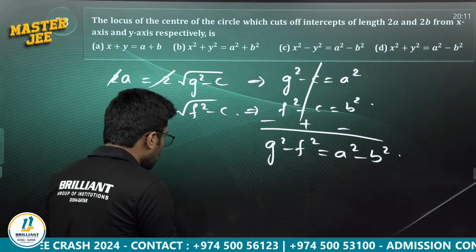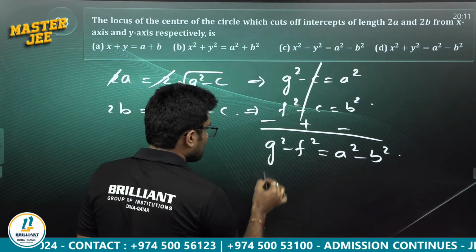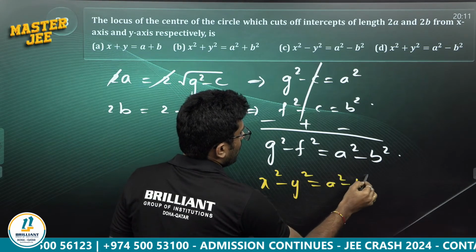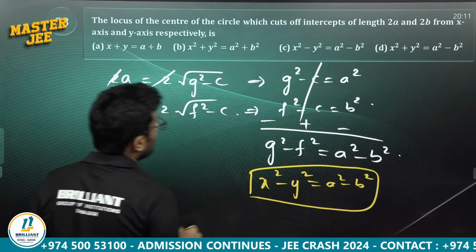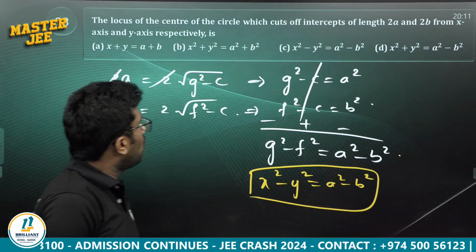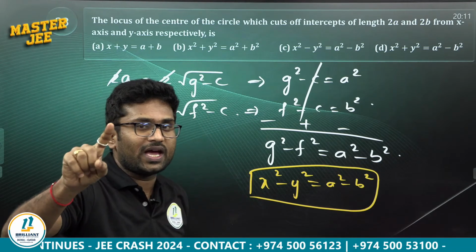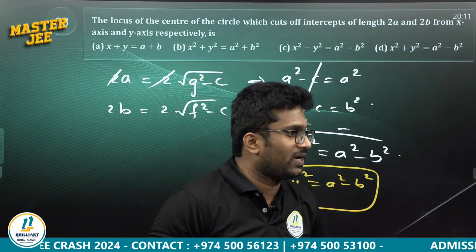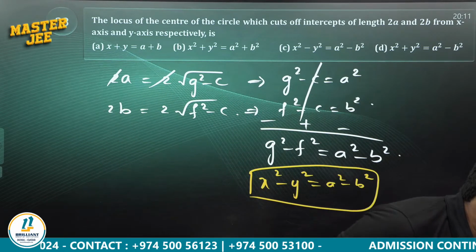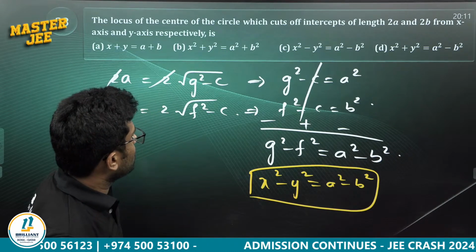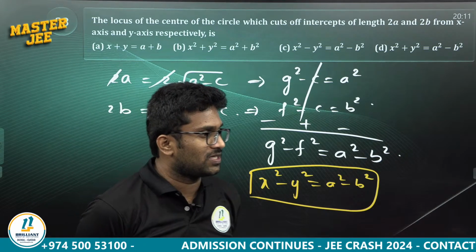So in place of g, f put x, y: x square minus y square is equal to a square minus b square. This will be the locus of the center of the circle which makes intercepts of length 2a and 2b on the x and y axes. I hope you understood, friends. That is option C.